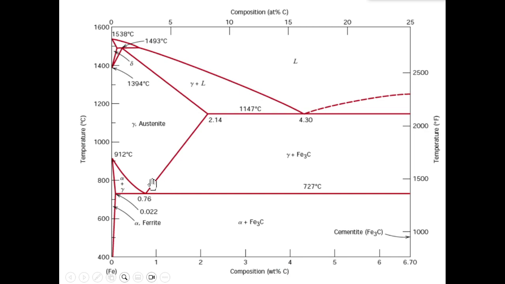There's one here, right? One here at 0.76% carbon at 727 degrees Celsius. There's another one here with 4.3% carbon and at 1147 degrees Celsius, and another one here at about 1493 degrees Celsius, right?